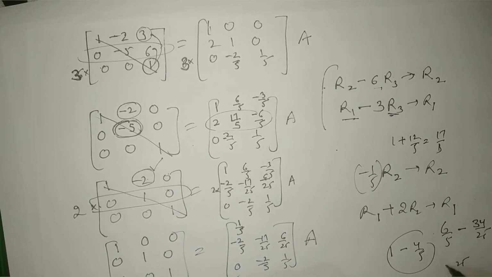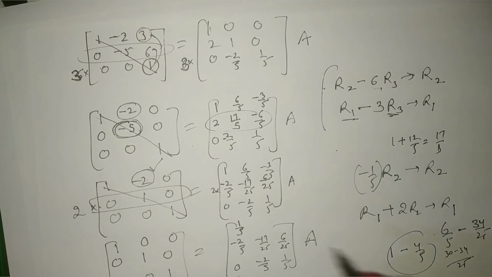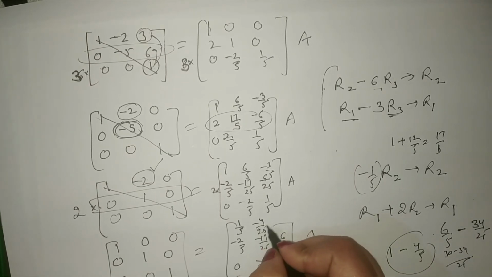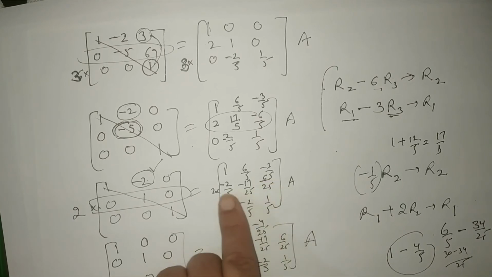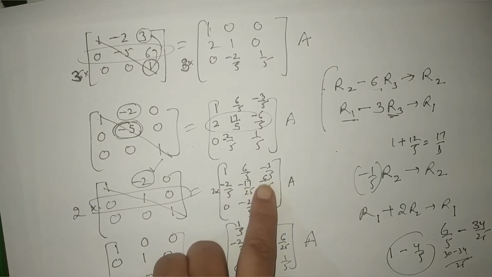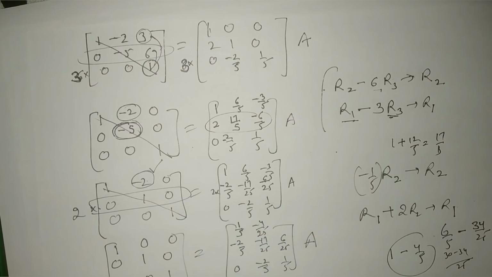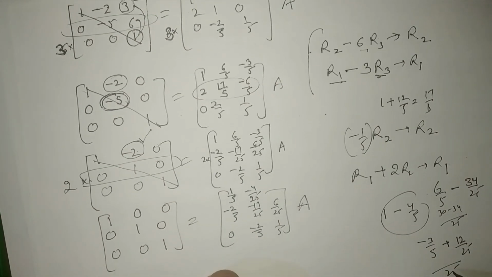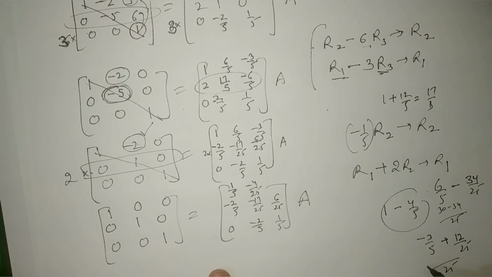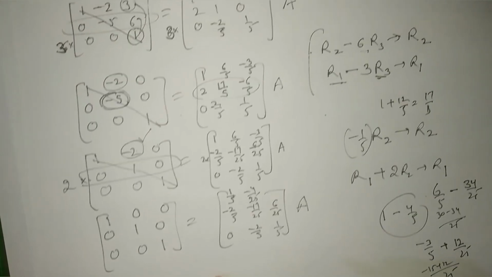This will be 25 LCM. 5 into 6 is 30, 30 minus 34 is minus 4 upon 25. For the other element, minus 3 upon 5 plus 12 upon 25, it will be 25 LCM. Again we have 5 into 3 is 15, minus 15 plus 12 is minus 3 upon 25.